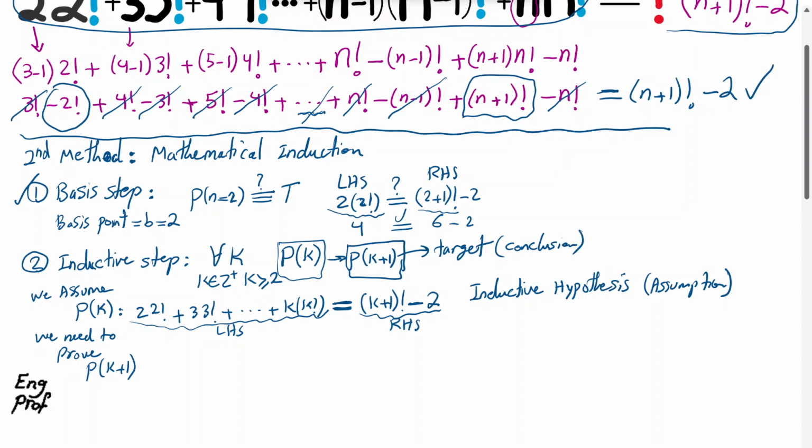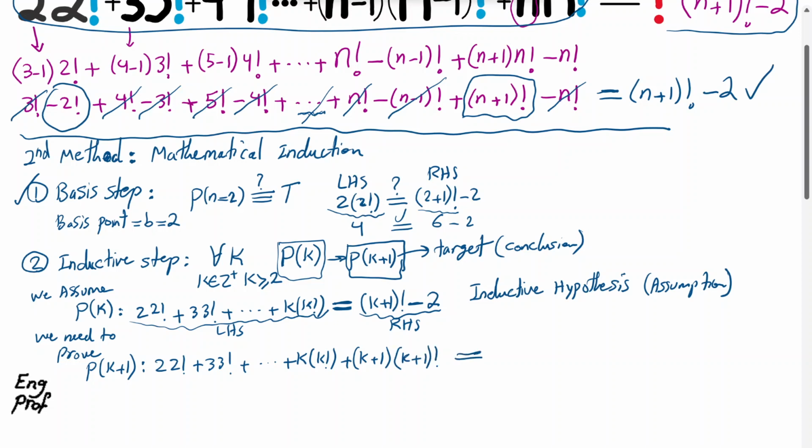So in this conclusion, what we have is p of k plus 1 is 2 times 2 factorial plus 3 times 3 factorial, of course, dot dot dot, and then we have k times k factorial and plus k plus 1 times k plus 1 factorial, and that is for the left hand side of the equality.